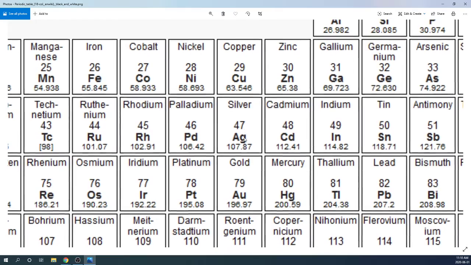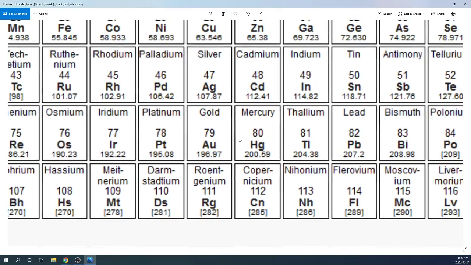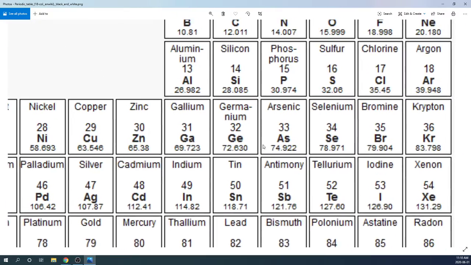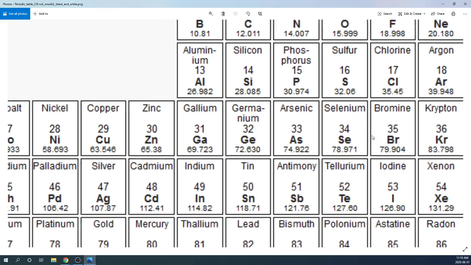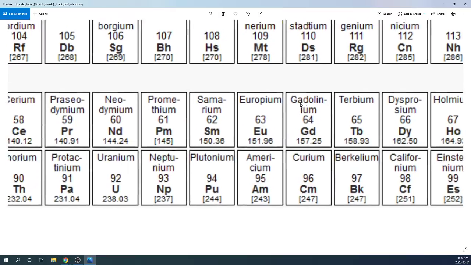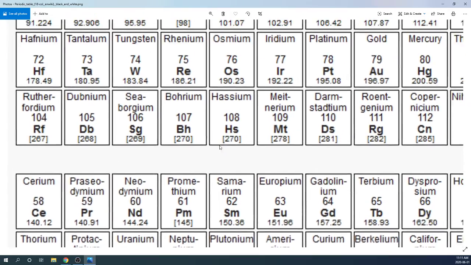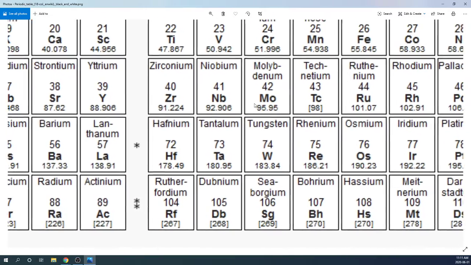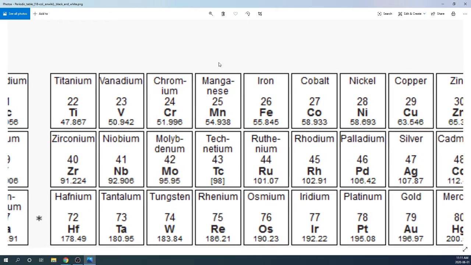So things like copper and silver and gold and mercury, bromine and tin and lead and uranium. All of these things cost energy. And so it's an important thing to look at. And why that happens is a very, very complicated question.